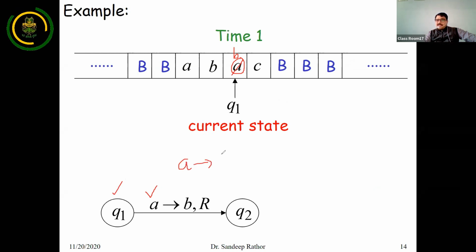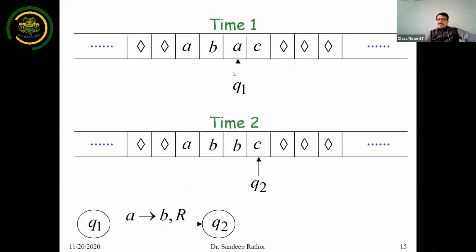Now A is converted into B, and direction of head will be right. And you are moving to Q2. So next, what will be the situation of the head? Just see here. You are in state Q1, you are reading A, and now A is converted to B. And then the direction of head will be right.